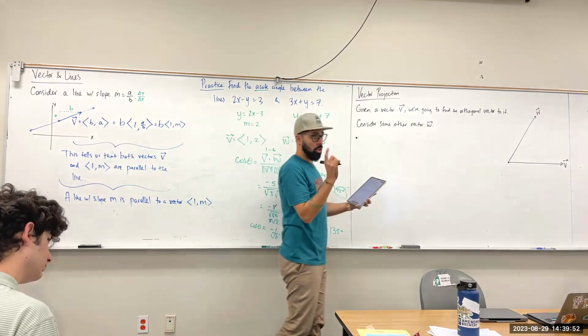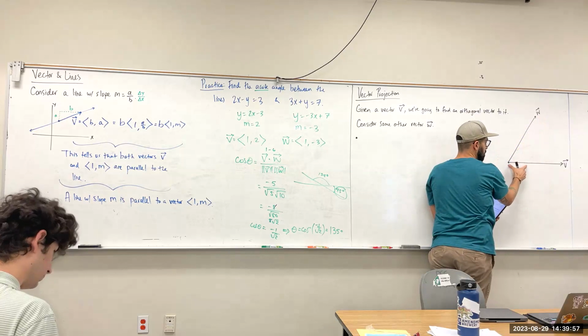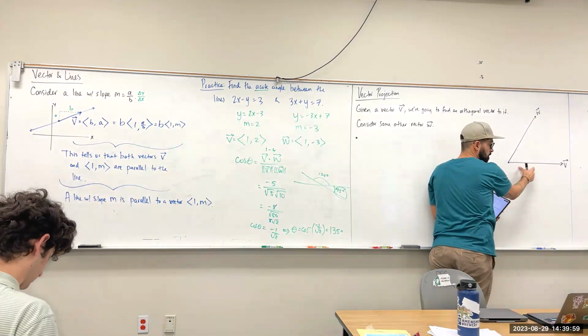All right, we're going to define the shadow one. I'm going to project W onto V to make that shadow vector that I told you guys about.